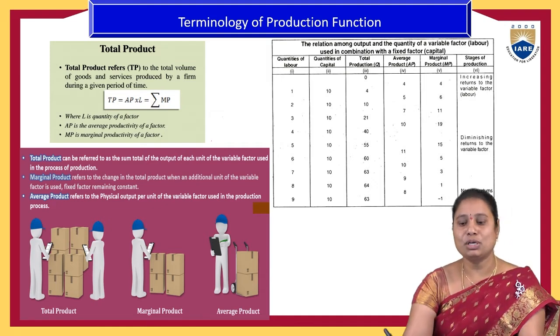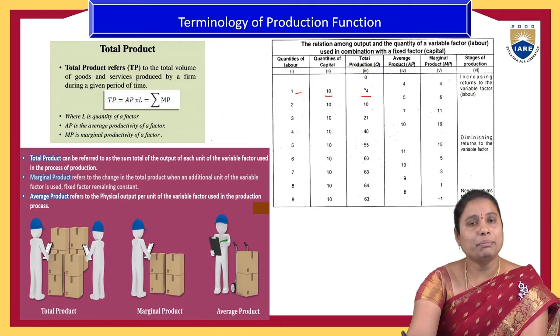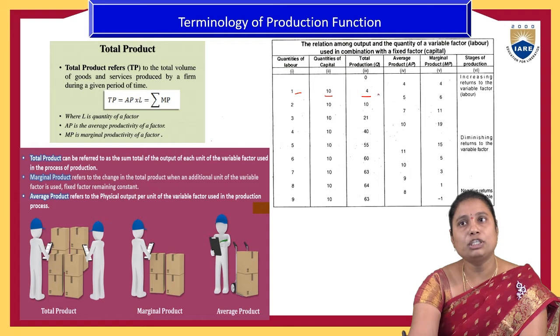If we observe this particular table, the quantity of labor is 1 and the quantity of capital invested is 10. At that time, if they are able to produce a total production of 4, then it is the base. So the average production is 4 and the marginal product is also 4.